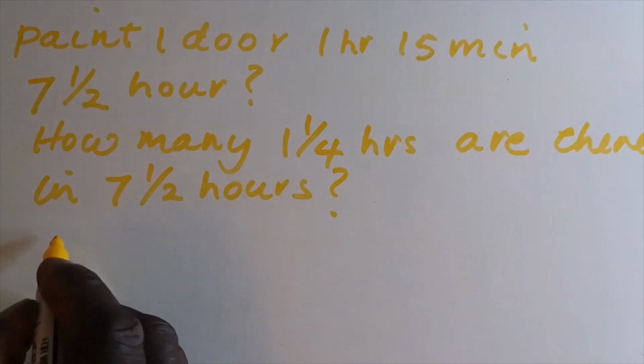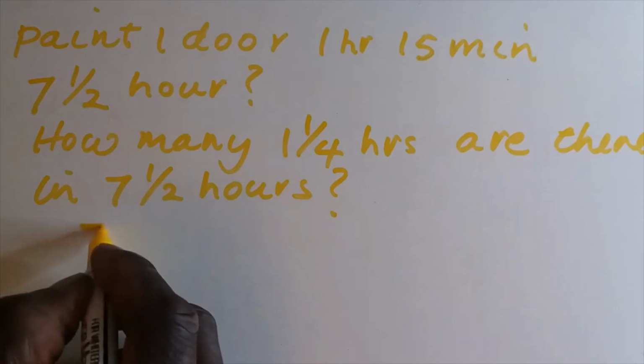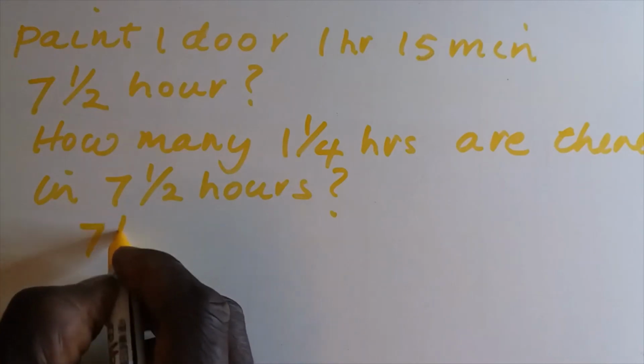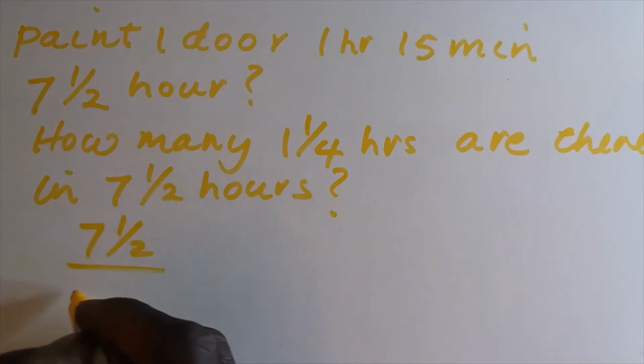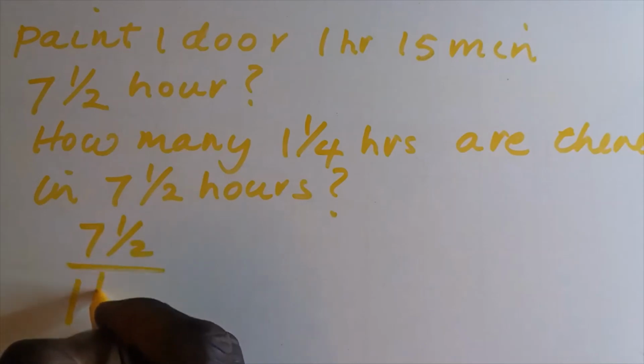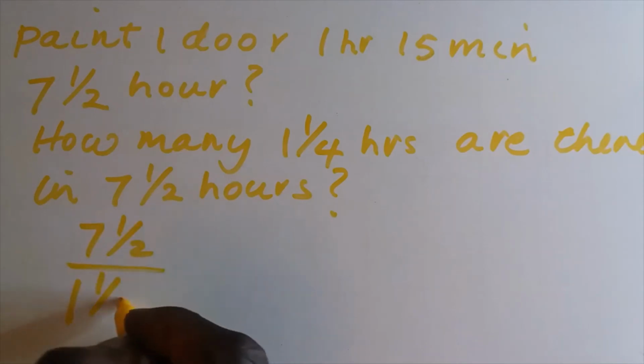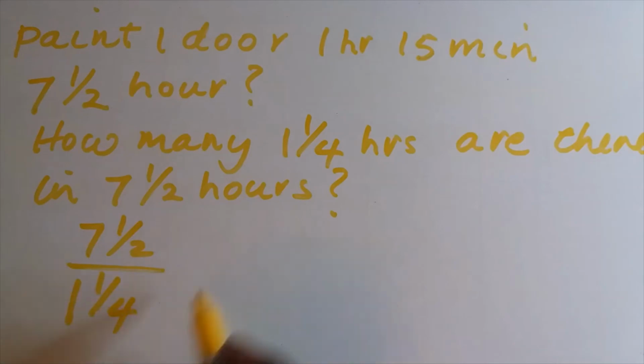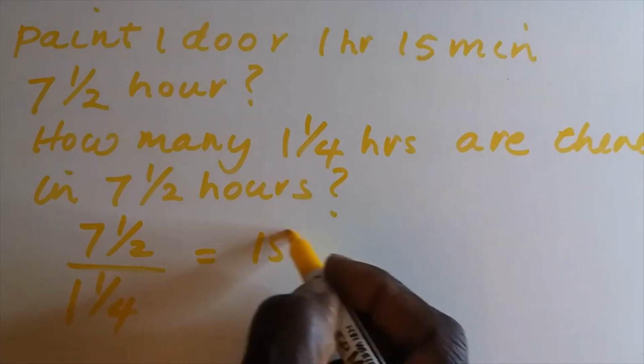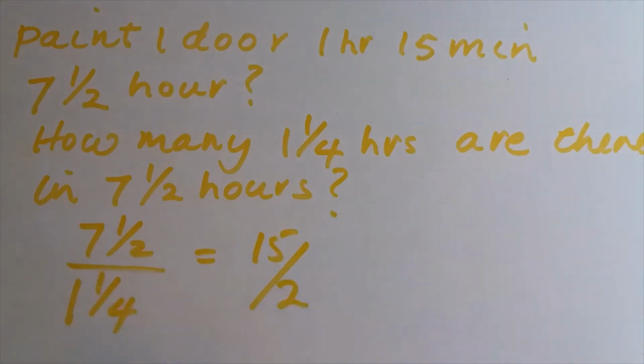That just means we divide 7.5 by 1 1/4. Now 7.5 is actually 15/2. 1 1/4 is actually 5/4.